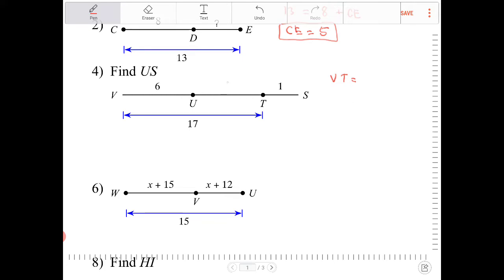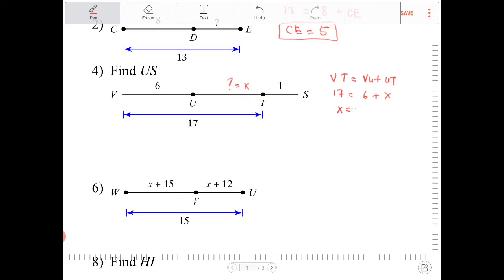I don't know what UT is, so I'm going to call that X. Since I know VT is equal to 17, and VU is equal to 6, and I don't know UT, which I called X, I can solve for X. X turns out to be 11.